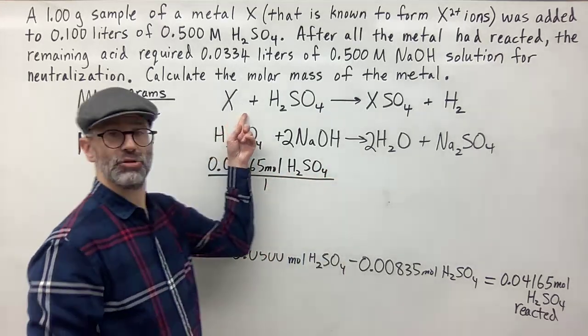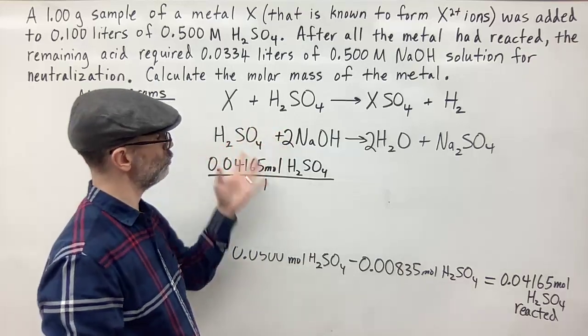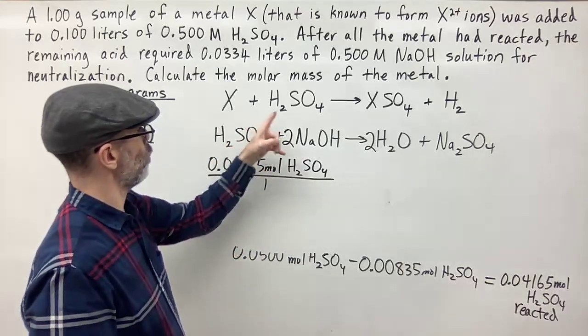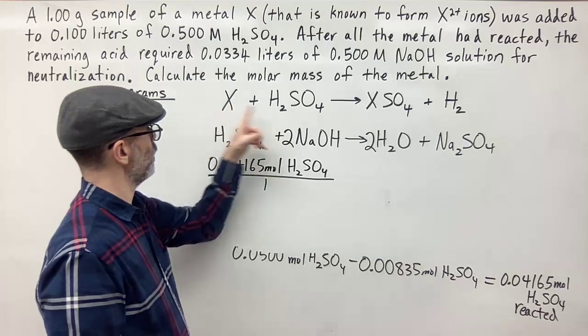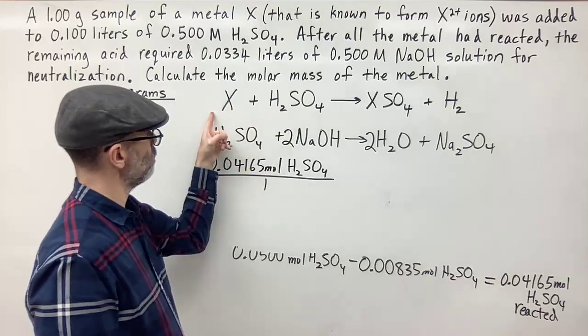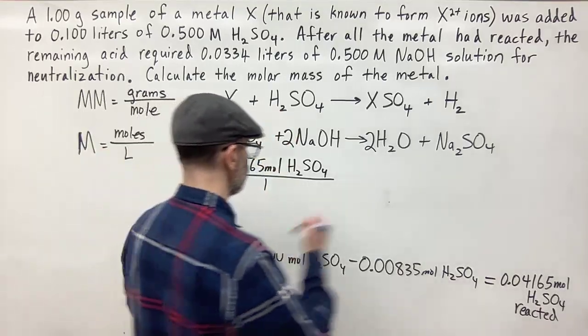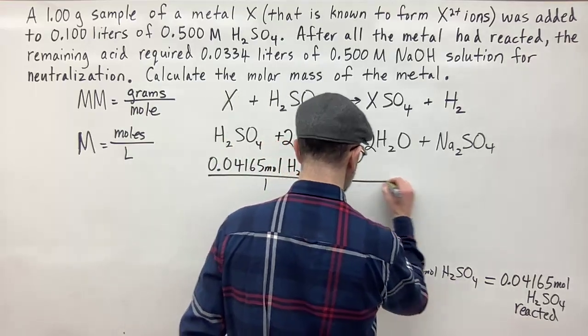So now I can use this equation to do stoichiometry. Here's a 1-to-1 ratio. So 1 mole of X is going to react with 1 mole of H2SO4, so I can do my mole ratio.